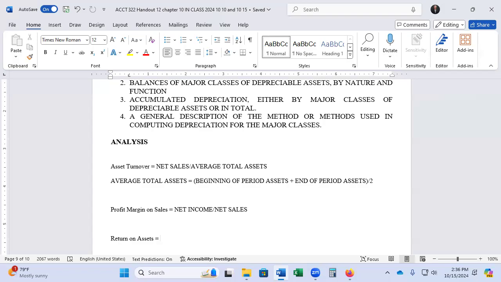And our return on assets equals the 2 multiplied together, asset turnover times profit margin.